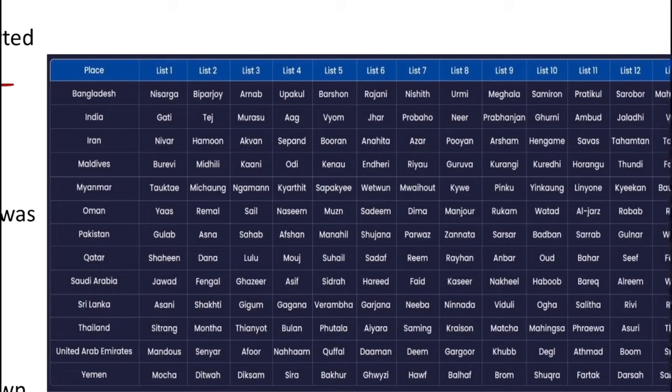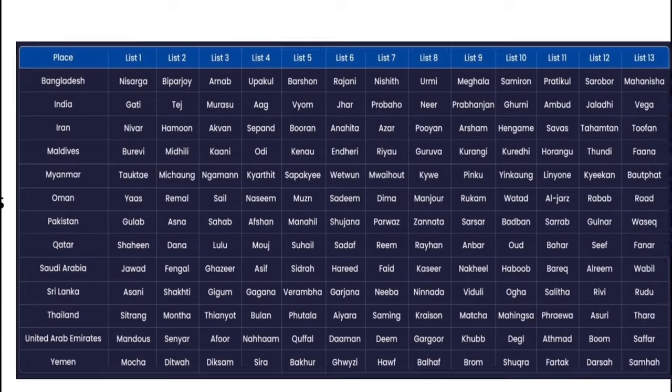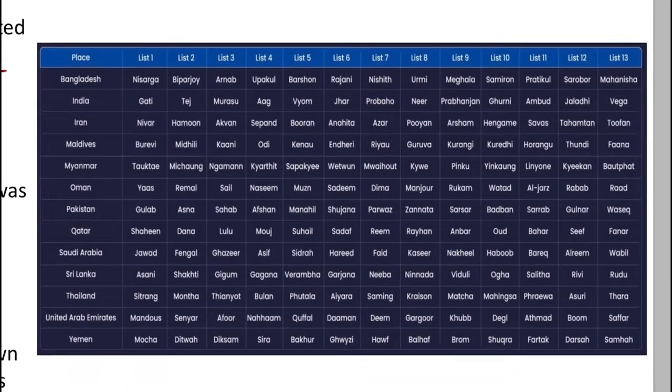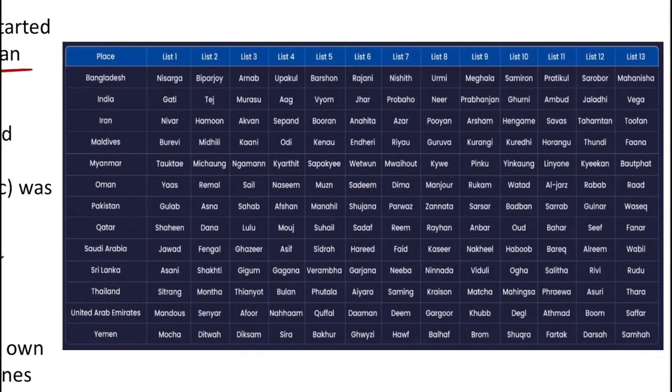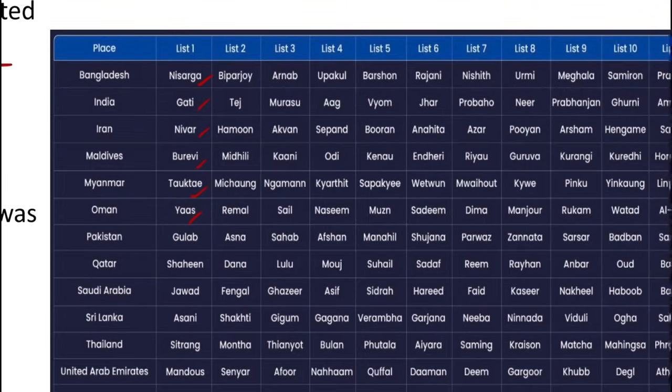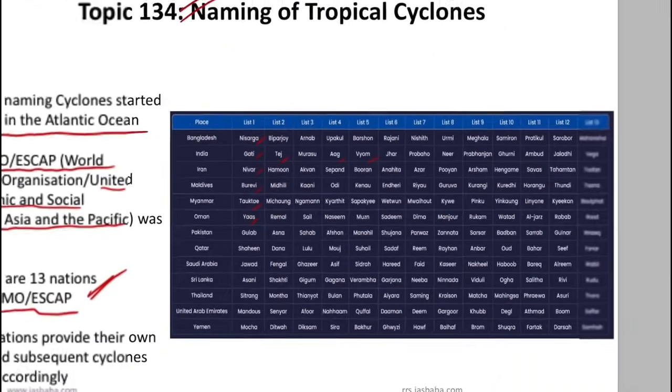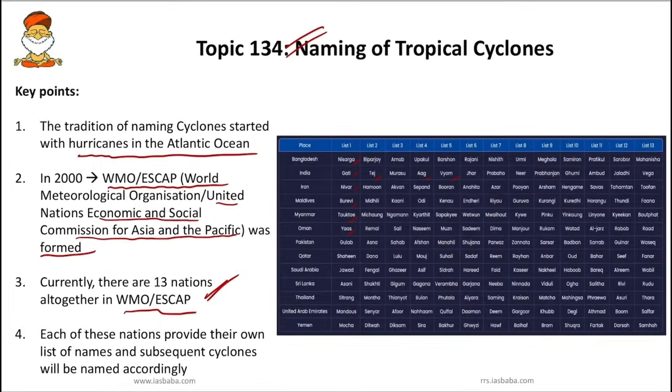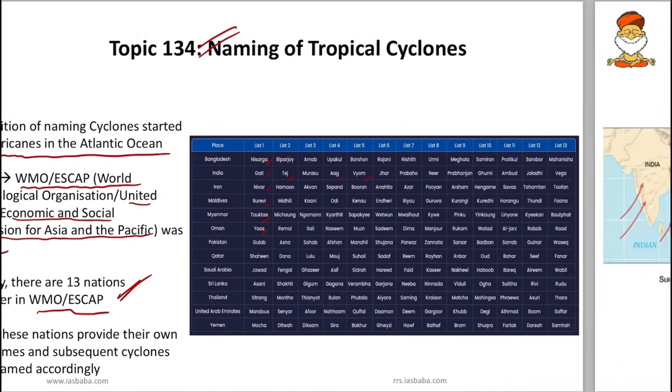In total, 169 names were released, especially in 2020, by the 13 nations. You can see here cyclone Nisarga, Gati, Nivar, Burevi, Taukte, Yas. India also has given certain names: Gati, Tej, Ag, Vyom. So you can remember some of these names. You have to know the naming of tropical cyclones.